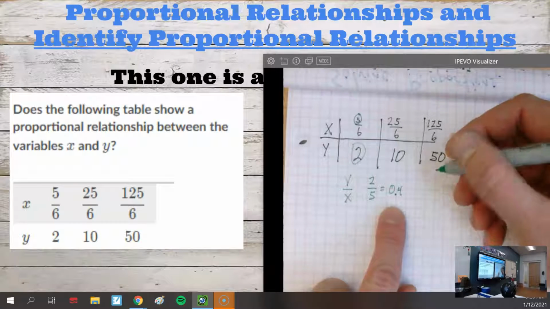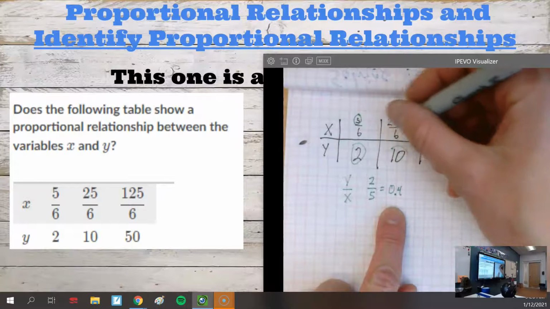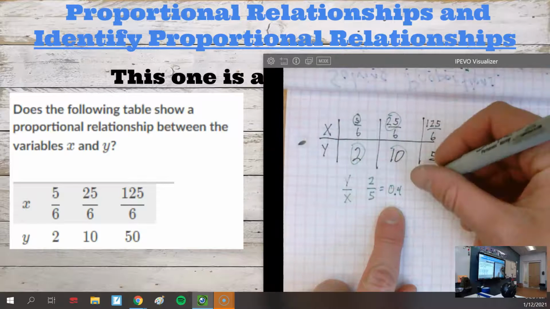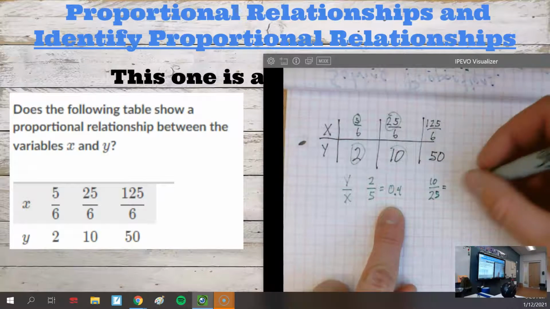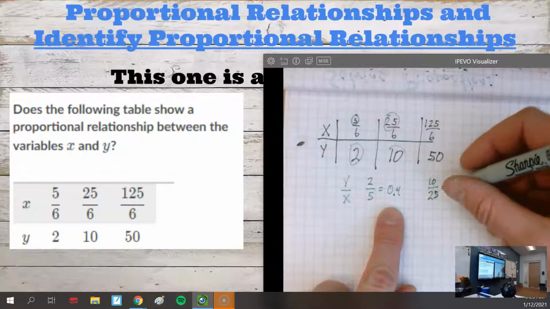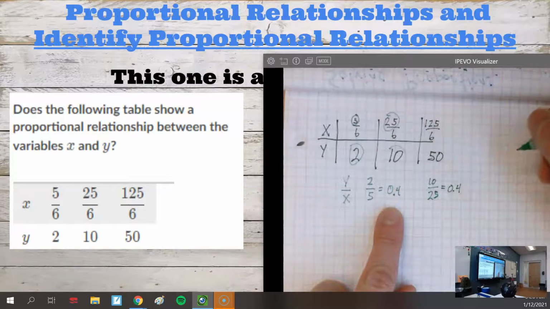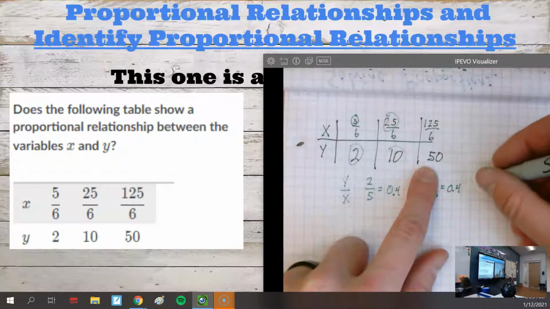So I'll get 0.4. If I look at the 10 and the 25, what's 10 divided by 25? Is it also 0.4? Yeah. And 50, y divided by x.